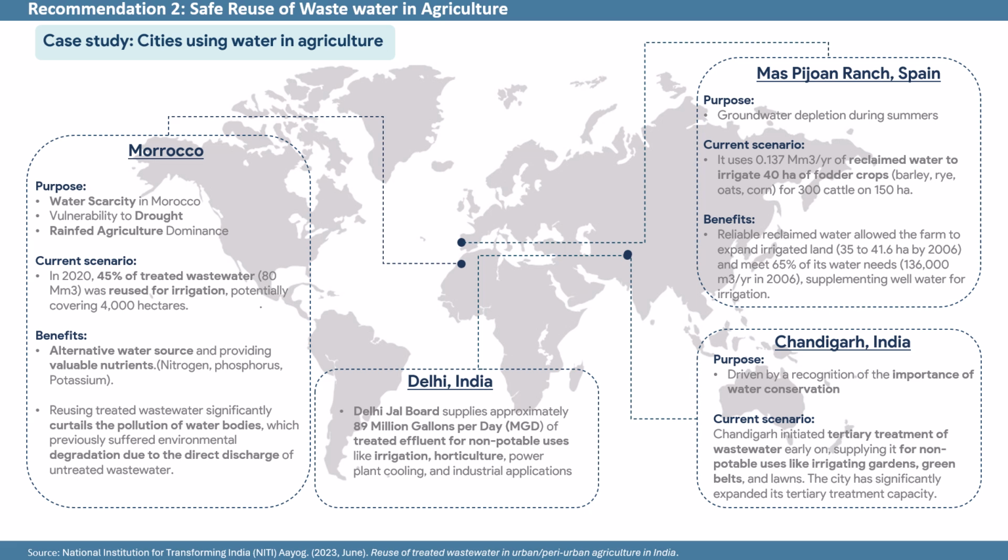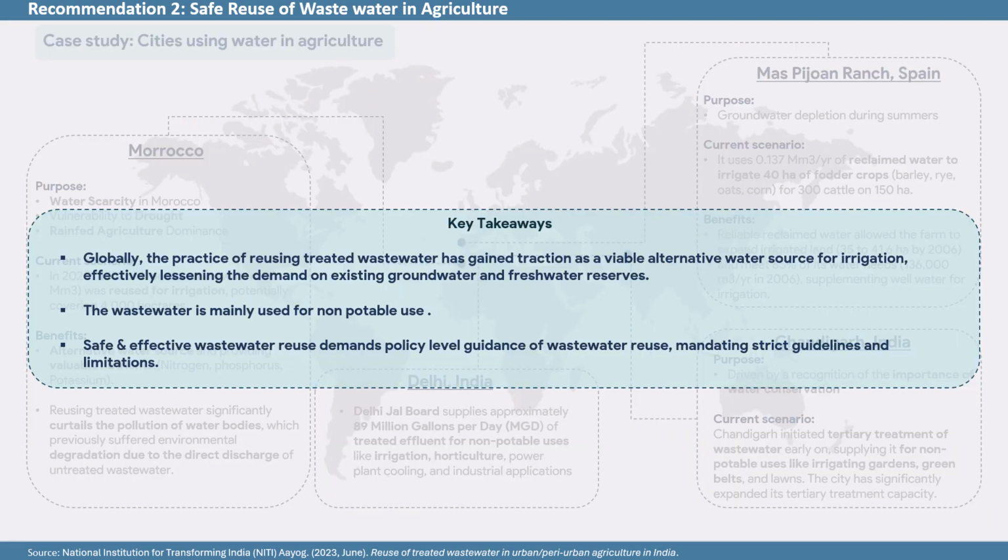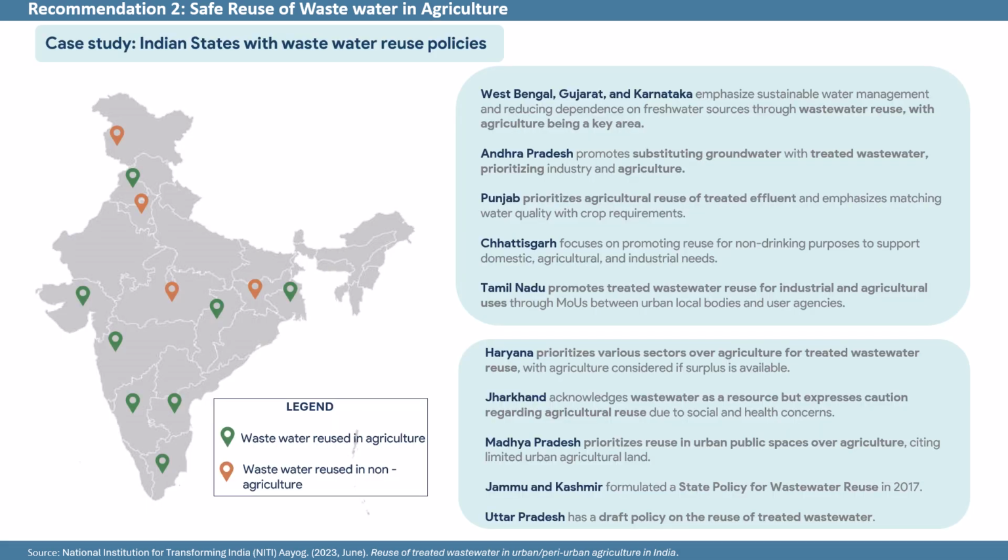case studies have been done, which highlight that globally treated wastewater is increasingly used as a sustainable irrigation source, reducing the pressure on freshwater and groundwater supplies. But to implement safe wastewater reuse in agriculture, a state wastewater policy is urgently needed.